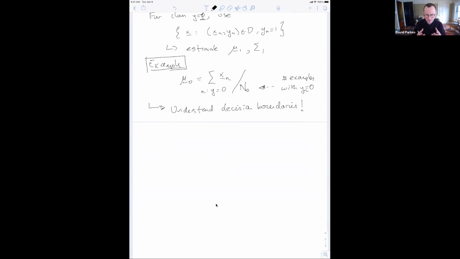It turns out that if the two classes have the same covariance matrix, then you get linear decision boundaries. Otherwise, you get quadratic decision boundaries.